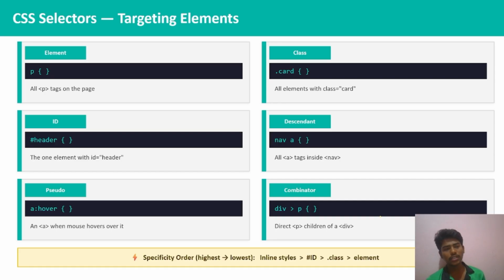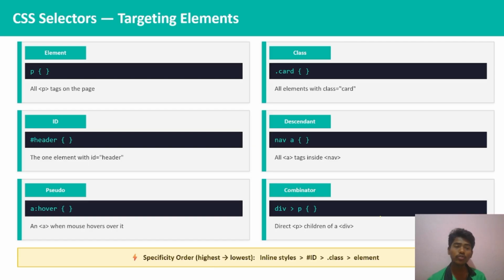We previously discussed the basic syntax. When we discussed the basic syntax, we used selectors. There are nearly six types of selectors, and mostly we use only three types.